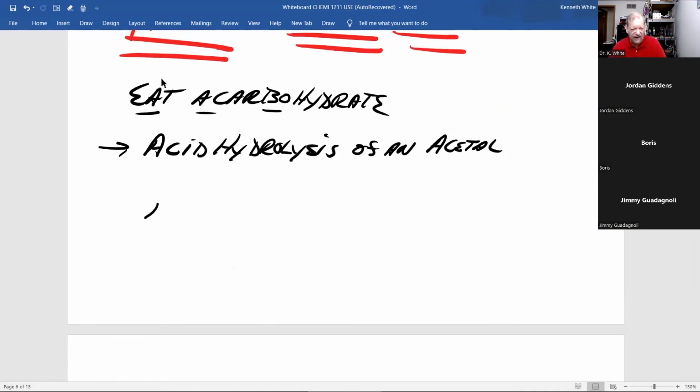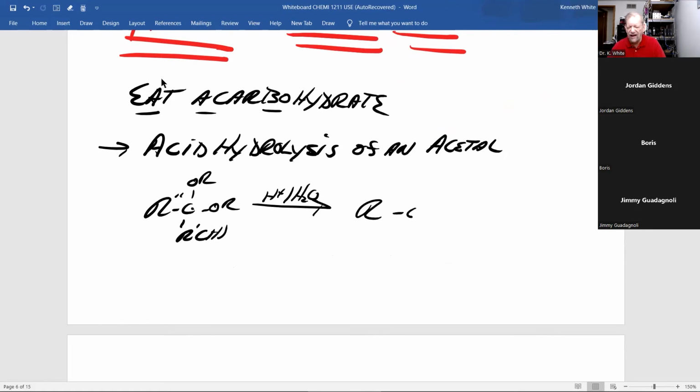And the general reaction, which you learned for test number 2: acetal or ketal, acid and water. And what do you get back? The aldehyde or ketone you would have used to make that acetal, plus the alcohol you would have used.